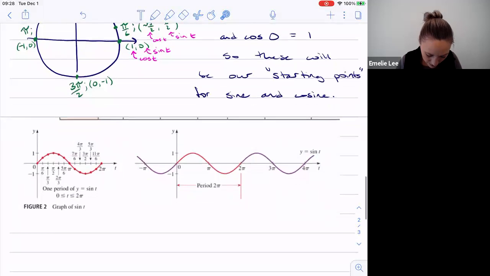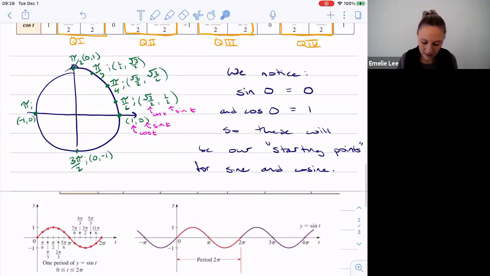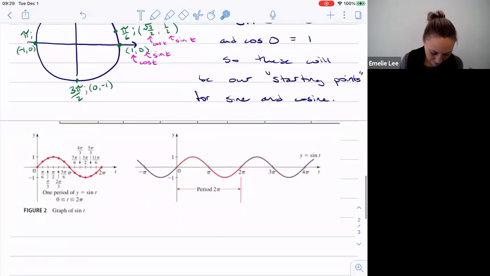Knowing that when t is 0, which we can translate to x being 0, which is confusing because we've got x, y coordinates, but when we flatten this out, you've got your x-axis, and you would still be talking about the sine of 0. The sine of 0 is 0, so sine starts here at the origin.